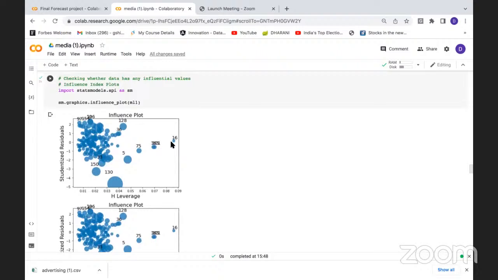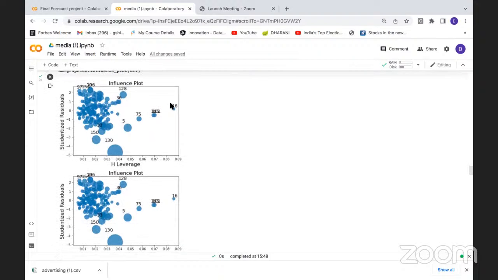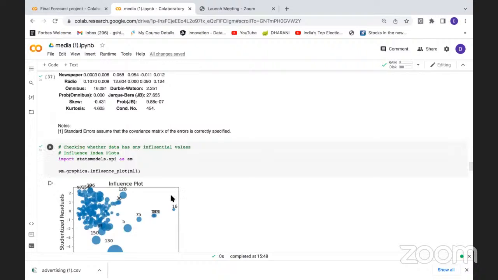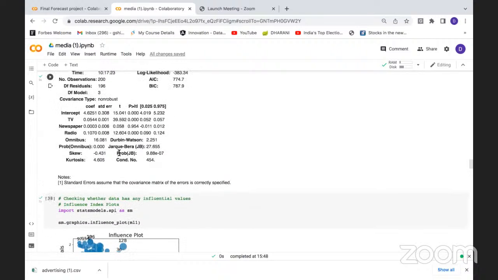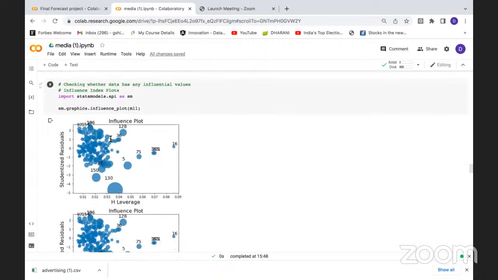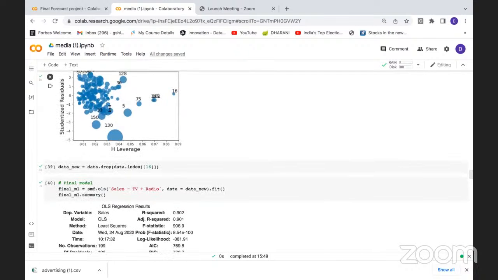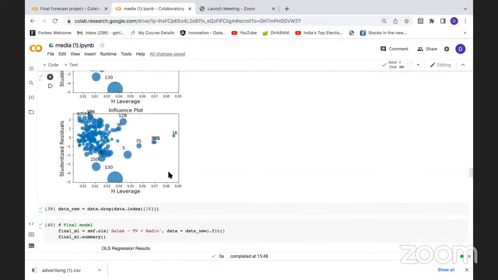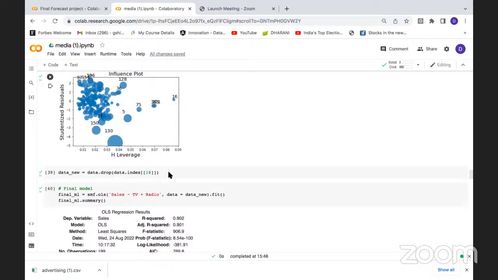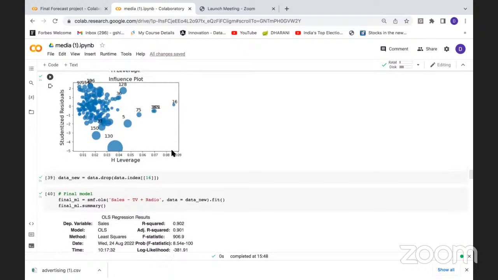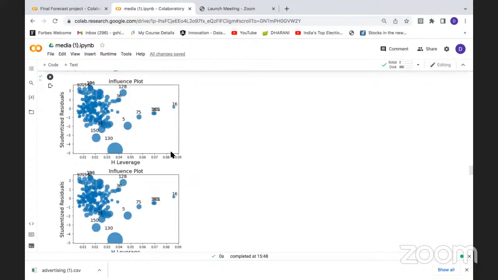Maybe because of that data point, that weird pattern in your data, you are getting this plot showing you 16, and because of that your newspaper is insignificant. So I'm dropping 16. Also I am taking a call that newspaper anyway does not have a very good correlation with sales.